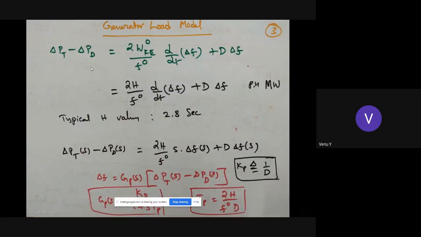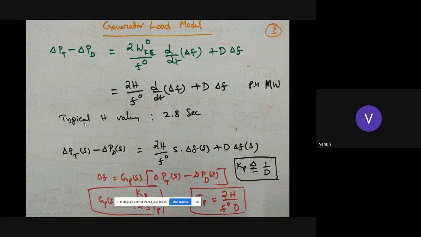Now, generator load model continuation, third slide: delta PT minus delta PD. PT is the turbine output, PD is the power demand. That is equal to the kinetic energy term as well as the damping term. Now by simplifying, 2 Wke naught by f naught equals 2H by f naught. H is the inertia constant.